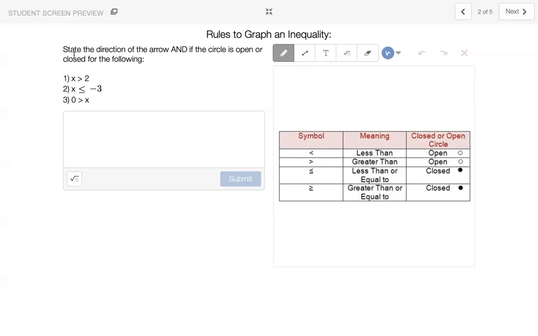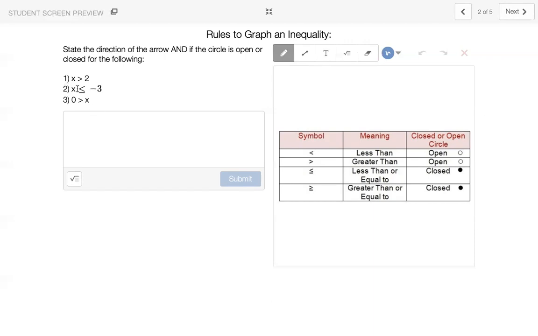So there's two things that we're going to take a look at. We're going to decide what direction the arrow is pointed towards, and then we're going to determine if the circle that we make when we go to the graph, when we plot this number on the number line, if that number is going to be an open or a closed circle.